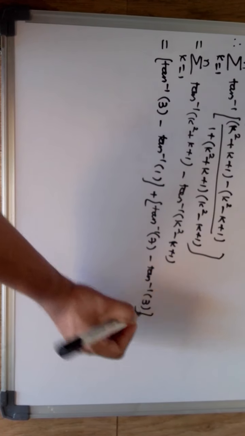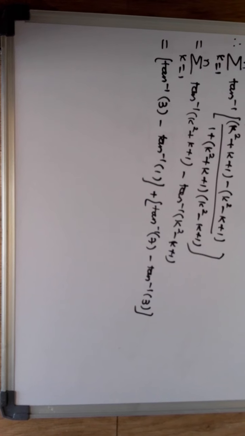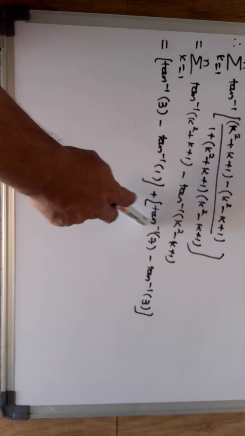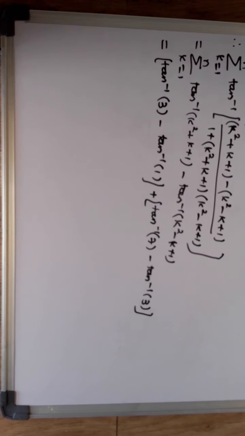So see the benefit came. That is why I was thinking, okay, probably this will help me cancel something. So now you can see the first part has cancelled here. That means this also will cancel further, tan inverse 7, right?